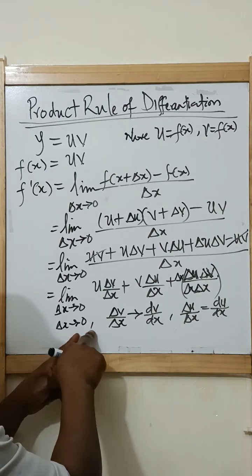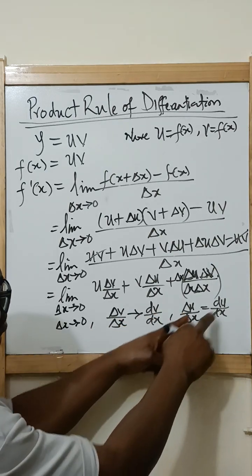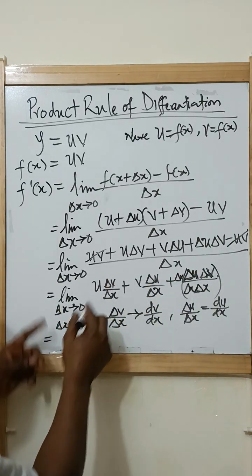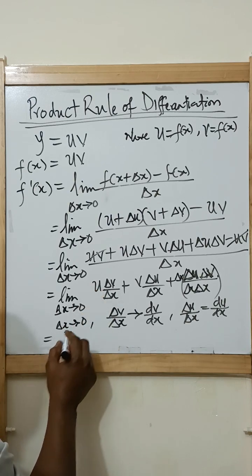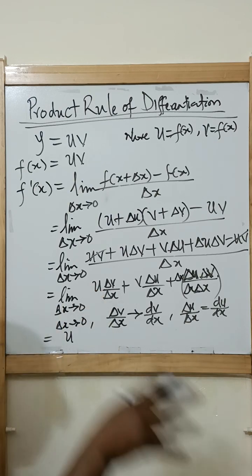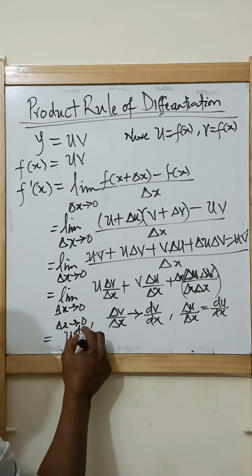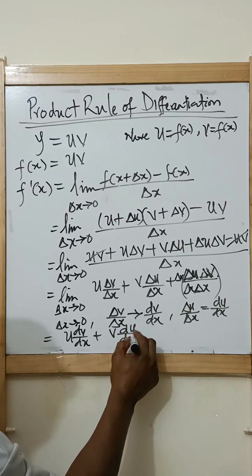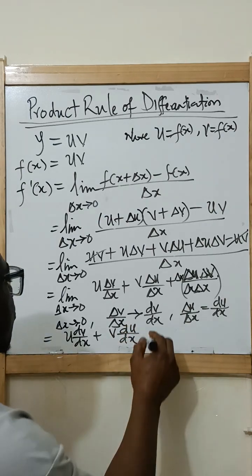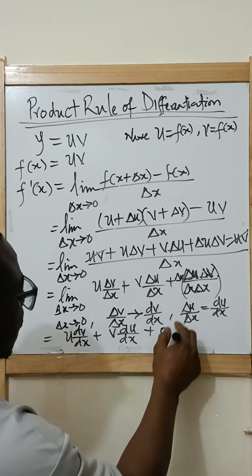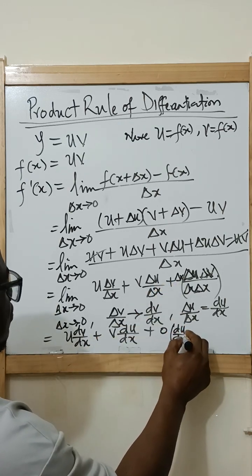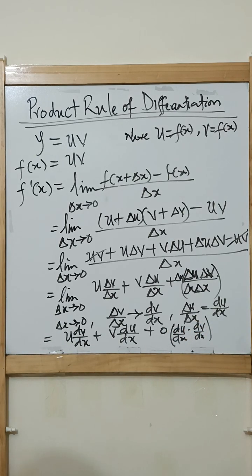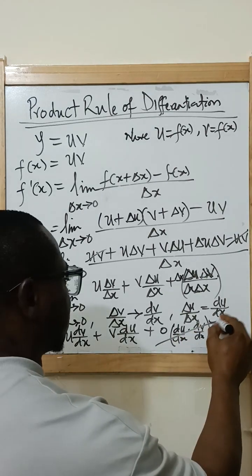If we substitute everything, this becomes u dv dx plus v du dx, then plus 0 multiplying du dx times dv dx. 0 multiplied by anything is 0, so this renders this term 0.